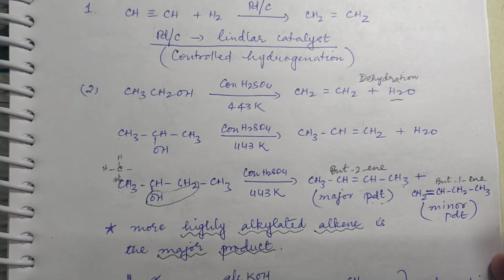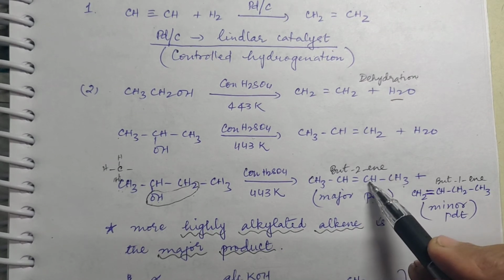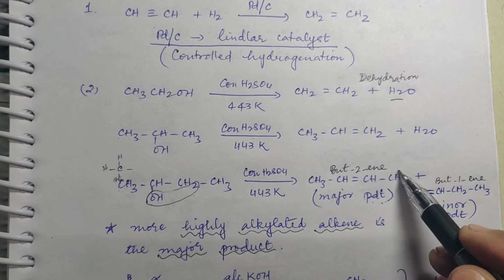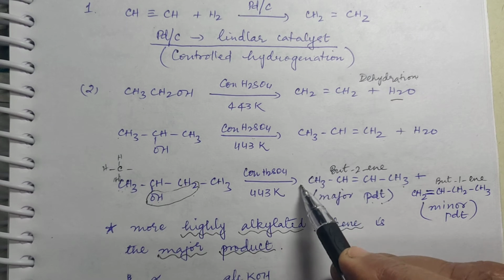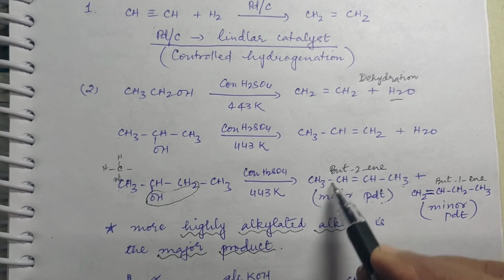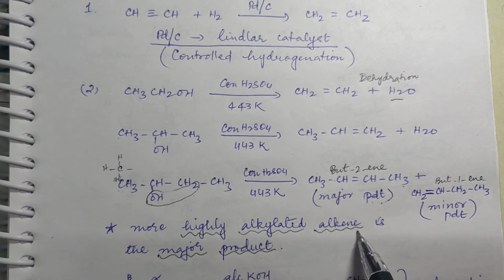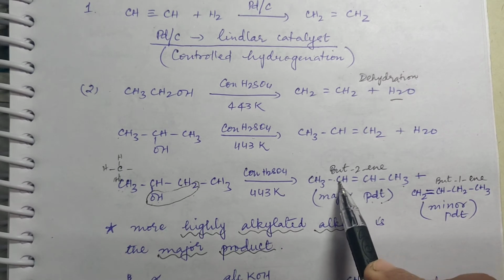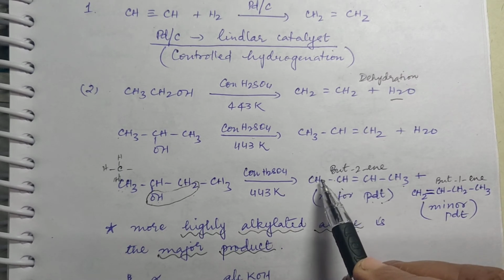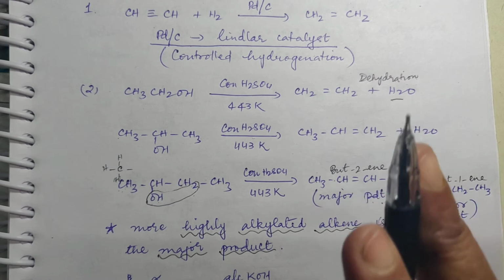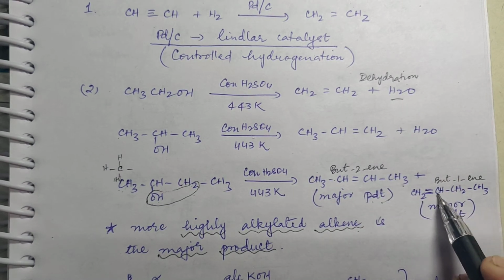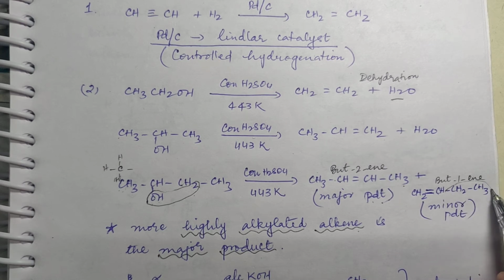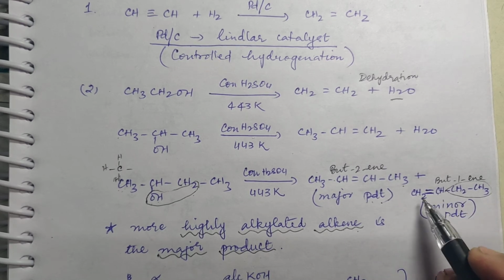More highly alkylated, how, what does it mean? With this carbon there is one CH3, with this double bonded carbon there is one CH3, okay? More highly alkylated alkene, that is the double bonded carbon should be having as many alkyl groups as possible. Now if you consider this, then this double bonded carbon is having this ethyl group, whereas this double bonded carbon is having only hydrogen.